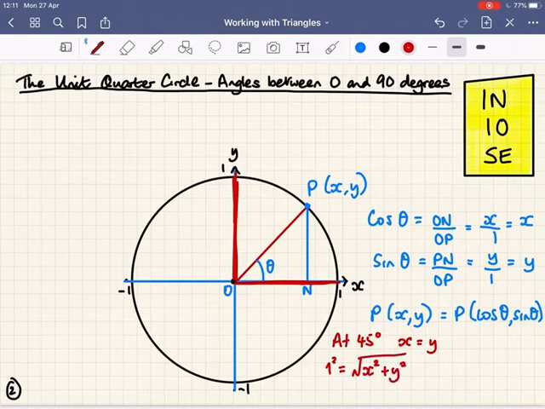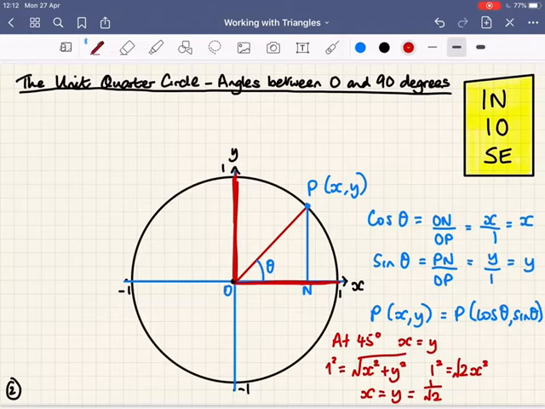But x and y are the same, so 1 squared must equal 2 lots of x squared. If I take the square root of both sides, x, which is equal to y as well, must both be equal to 1 over root 2. So at 45 degrees, sine 45 is equal to cosine 45, which are both equal to 1 over root 2.